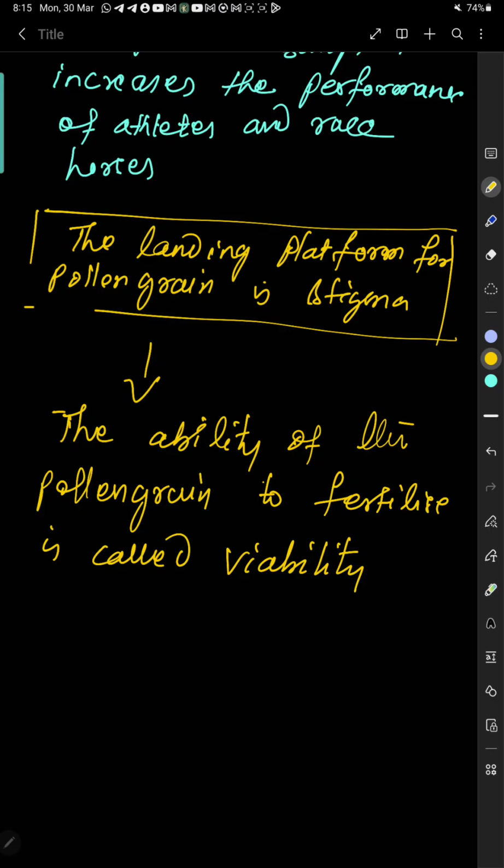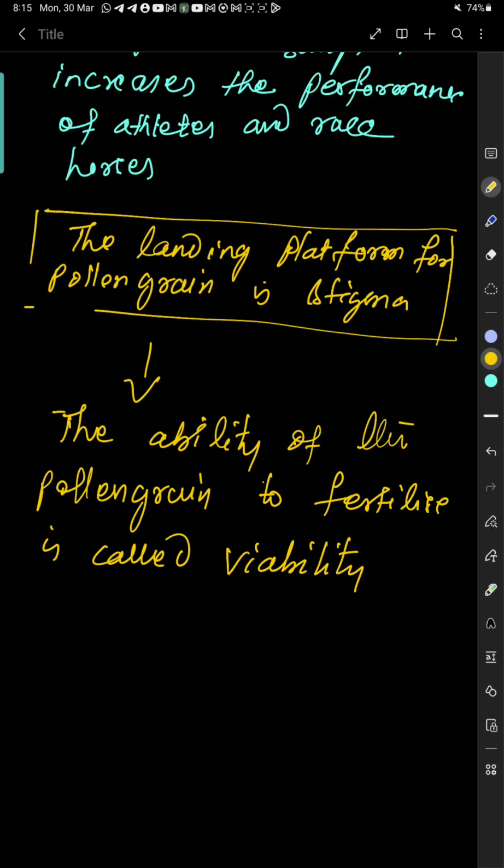Okay, so this viability is different for different flowers. Okay, and this viability is highly variable depending upon the temperature and humidity.